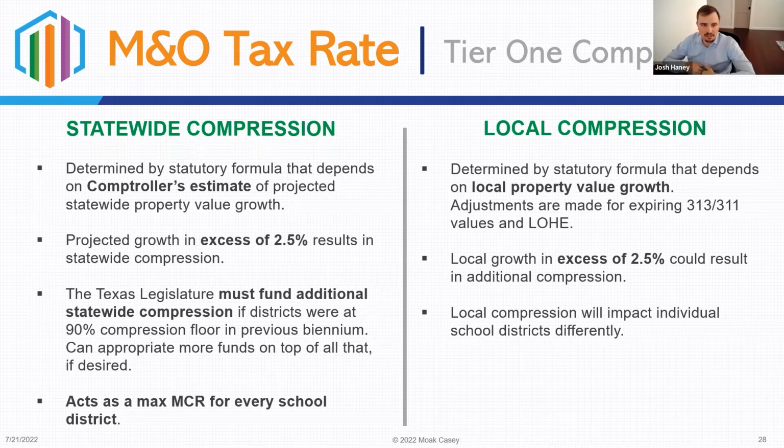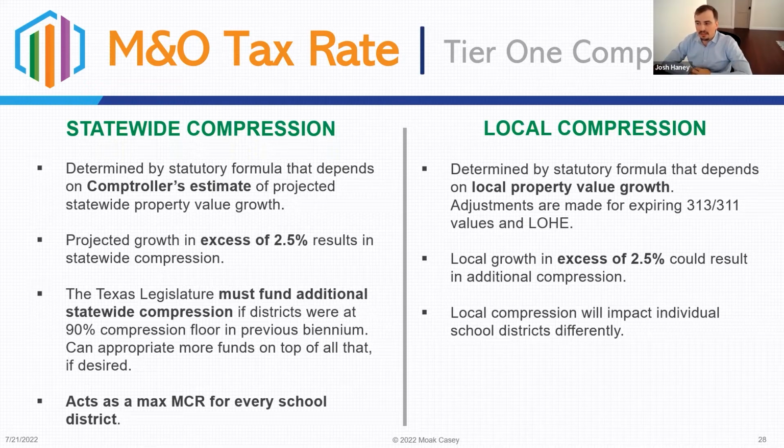So prior to the legislative session, the Controller comes out with this forecast, and that is what gets plugged in initially to the statewide compression calculation. The Controller can update this throughout the session, but this is a Controller-generated number. And again, what they're trying to project is the statewide value growth.